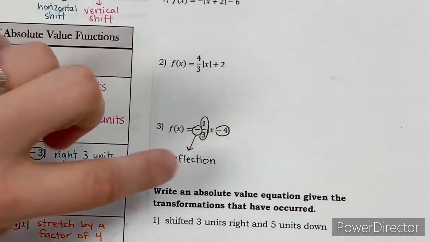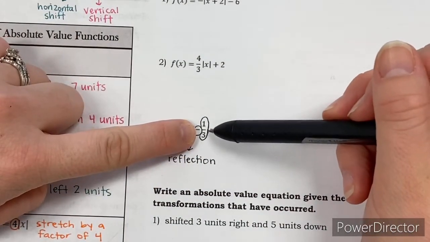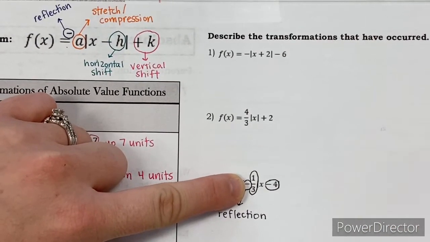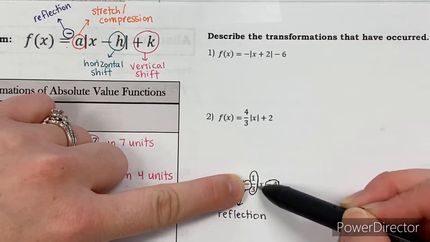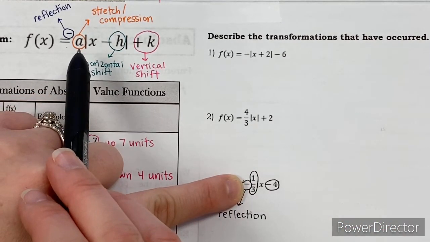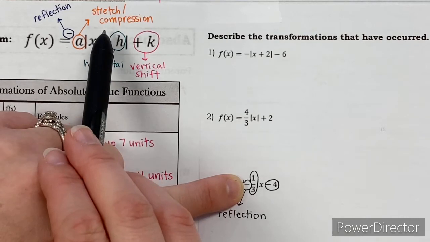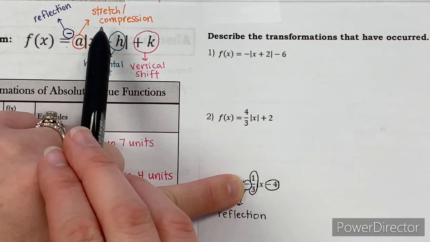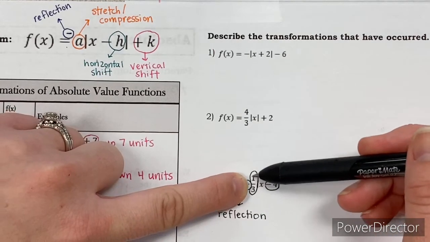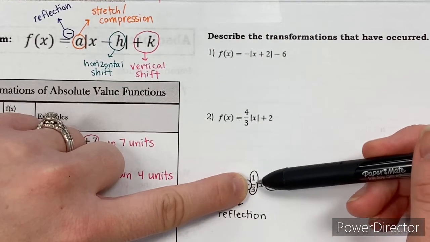So then I just keep on moving. This 1/3 that I see, I'm going to move it where you can see vertex form over there. That 1/3 is in front of the absolute value bar. So in front of the absolute value is that A value right there. So that's going to be a stretch or a compression. So I know it's either going to stretch or compress my graph. Now I need to focus on what the number actually is. So that is 1/3.